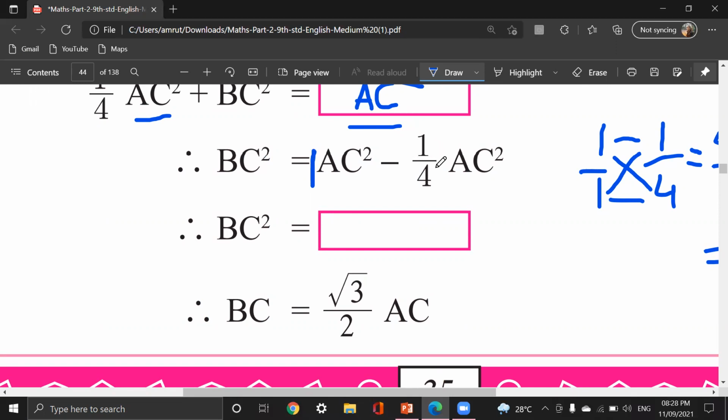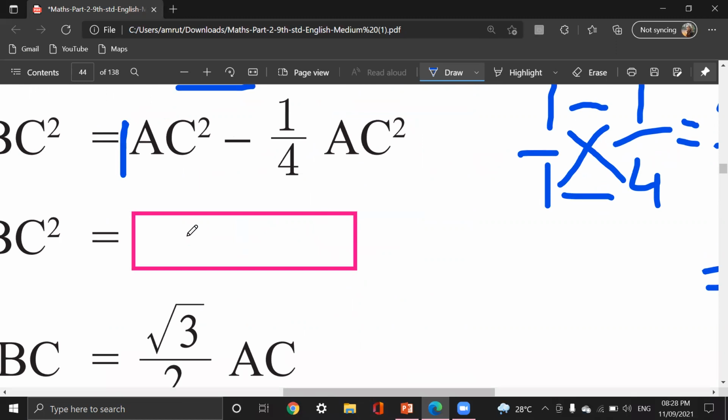So 1 minus 1/4, we did it over here and we got 3/4 as the answer. So what we'll write down over here? 3/4 AC square.